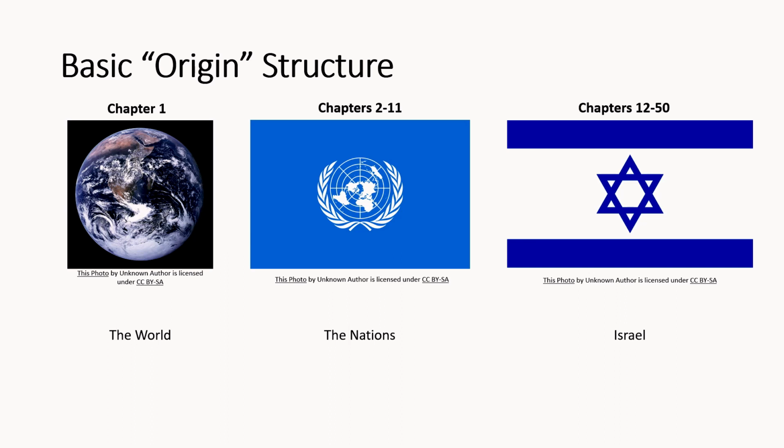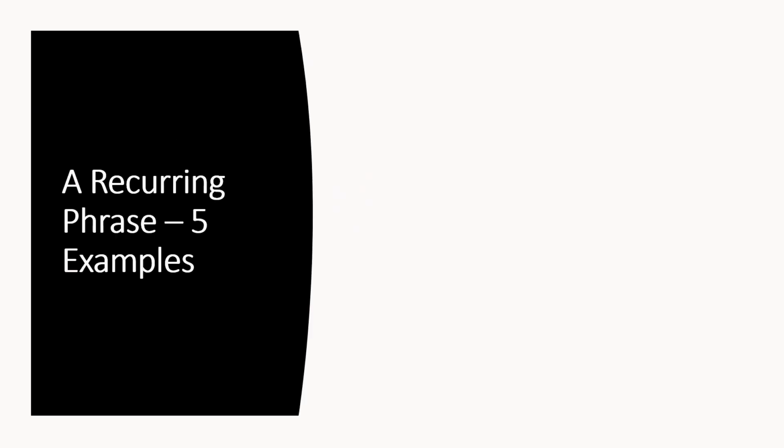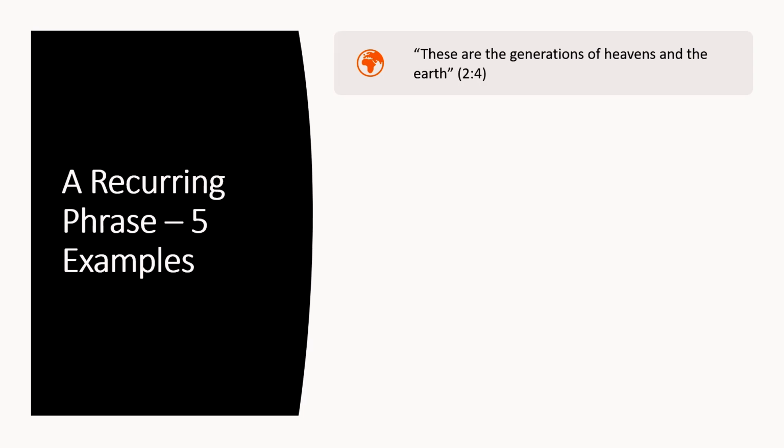So there's a recurring phrase that is mentioned in Genesis an awful number of times, and this phrase is, these are the generations of. Actually, the first time we read this phrase in the book of Genesis is in Genesis chapter 2 verse 4, where we read, these are the generations of the heavens and the earth.